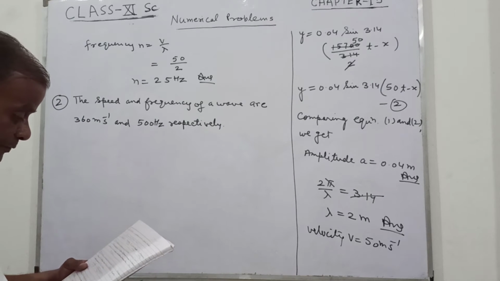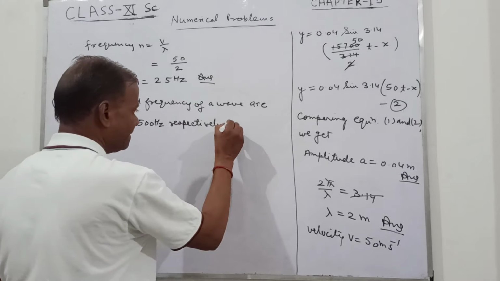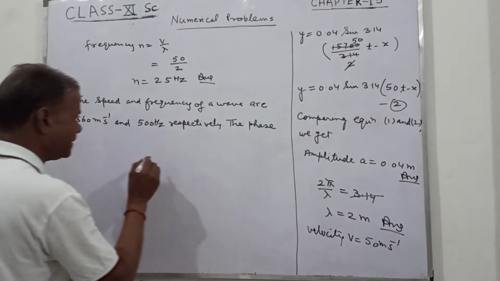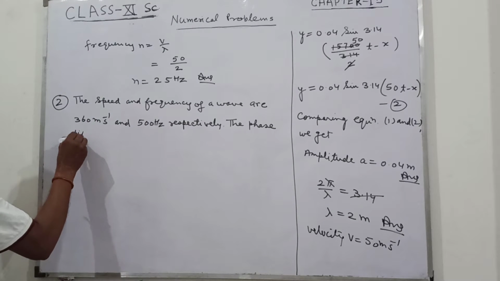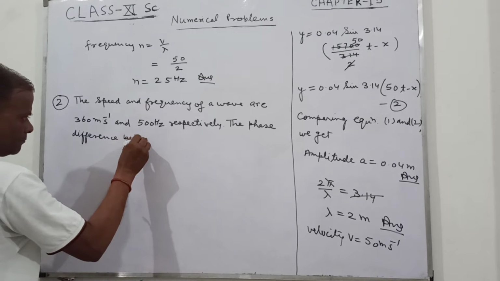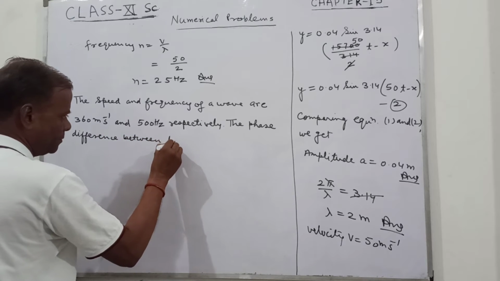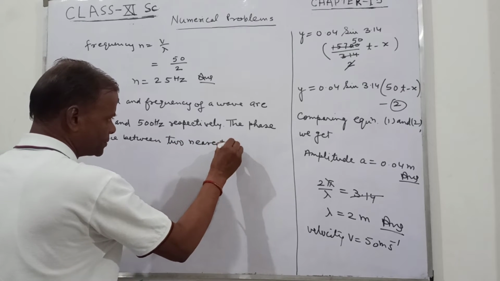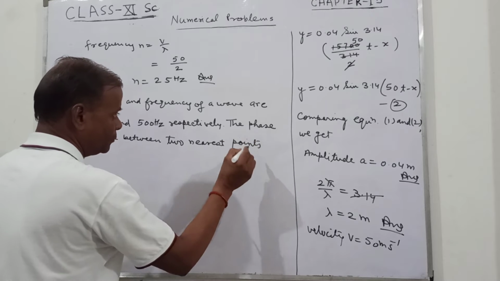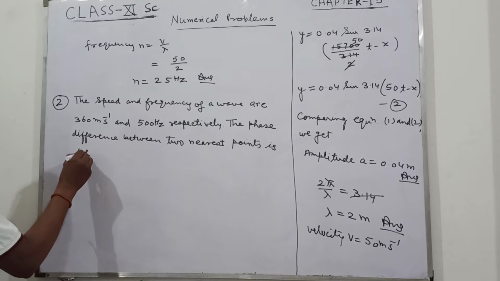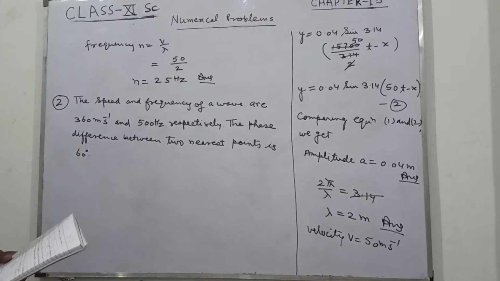The phase difference between two points is 60 degree. Calculate the path difference between them.